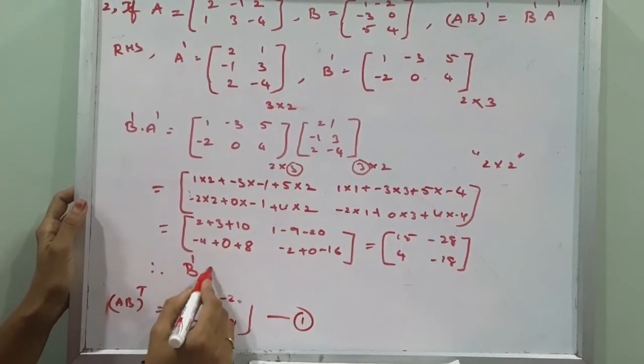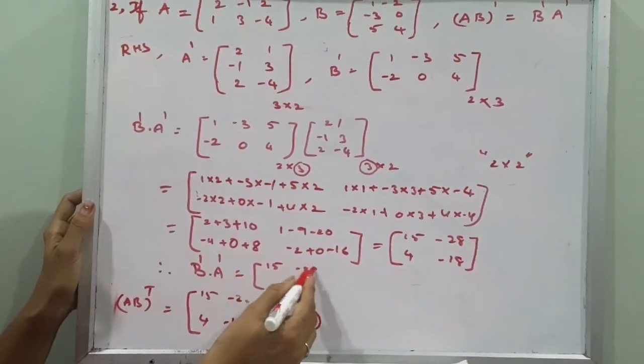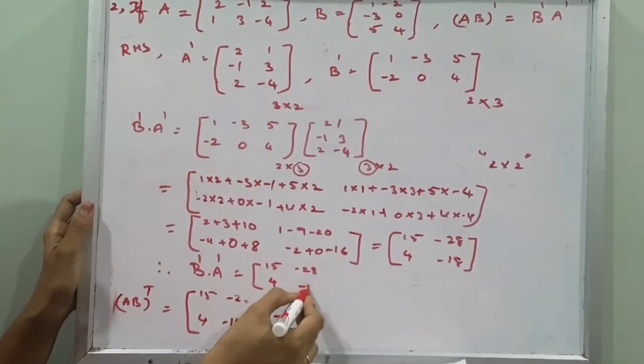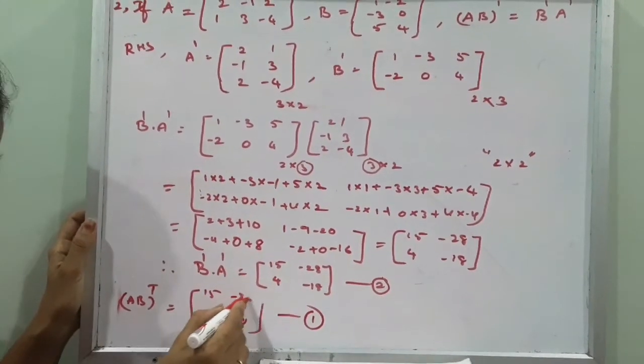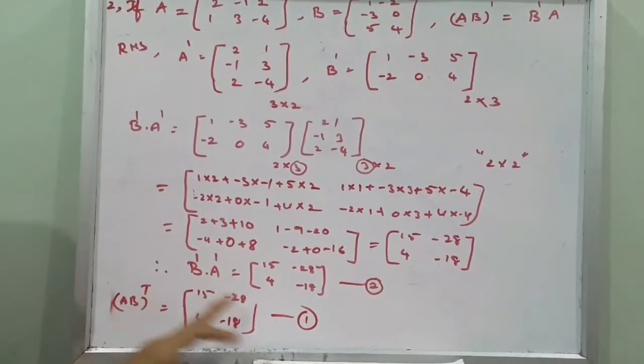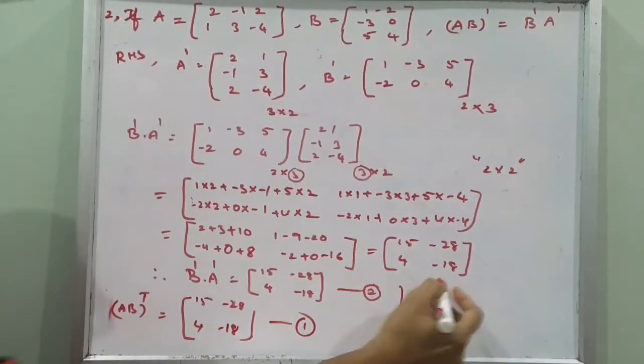Therefore B dash into A dash is equal to 15 minus 28, 4 minus 18. Let us suppose this is equation 2. From equation 1, 15 minus 28, 4 minus 18. Both are equal.